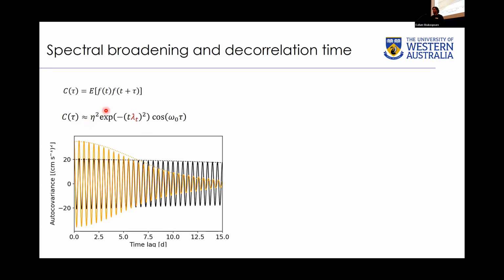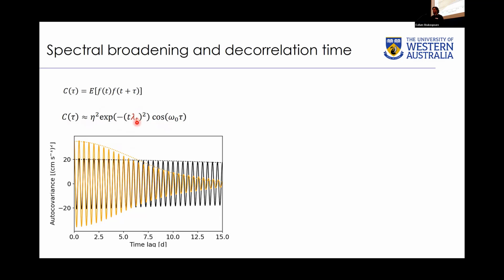So what we can do is parameterize that autocovariance into this parametric expression, which is a Gaussian multiplied by a cosine. The cosine is giving you this part, that's the forcing frequency.